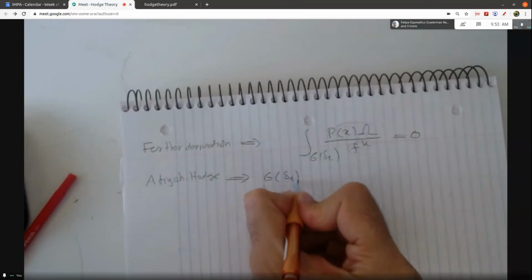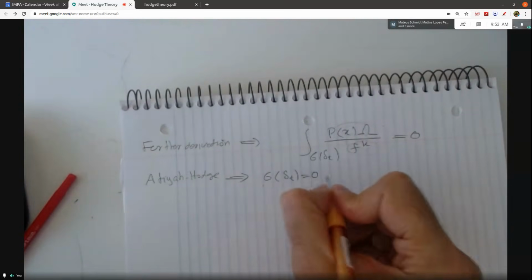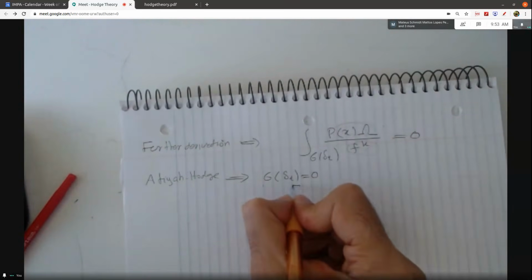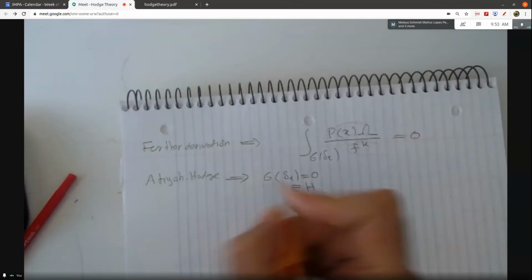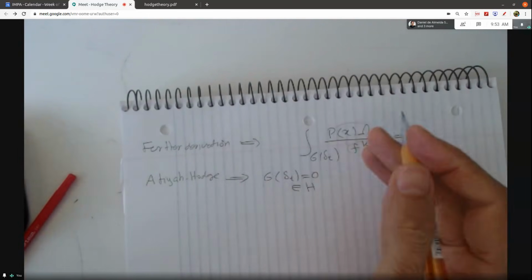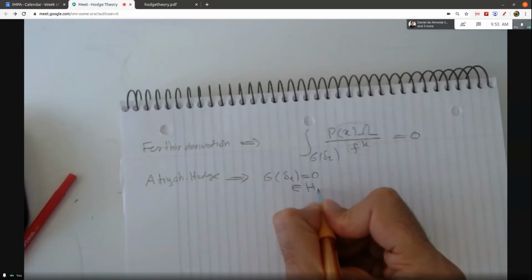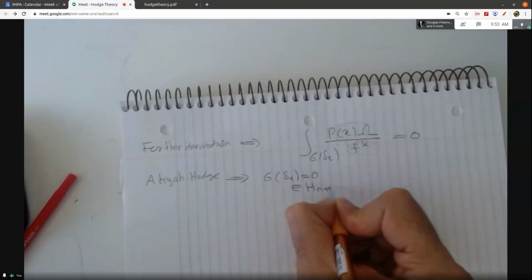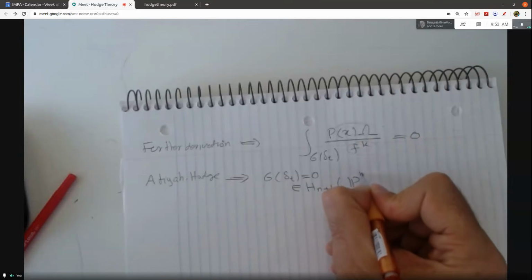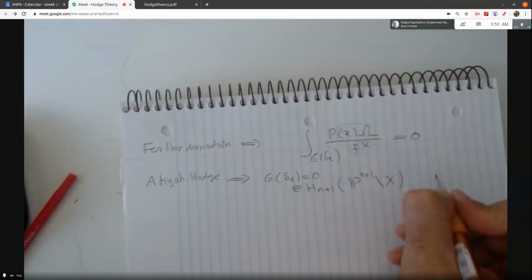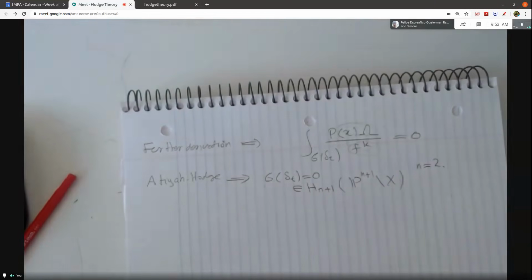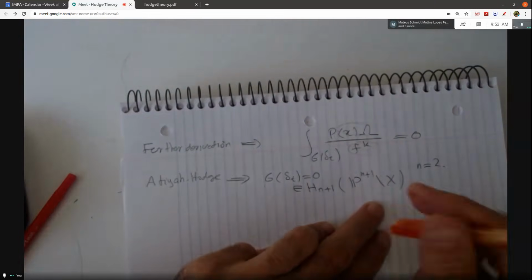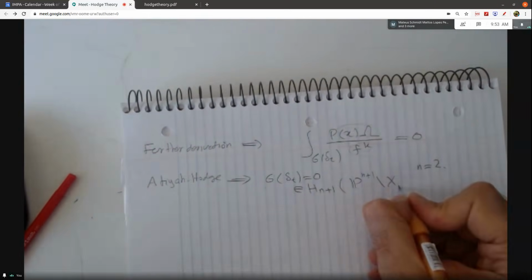sigma delta is 0. In order to avoid torsions for the moment, in our context it is H_{n+1} of P^{n+1} minus X, and remember that at the end we ended in the n equal to 2 case. And let's take rational coefficients.